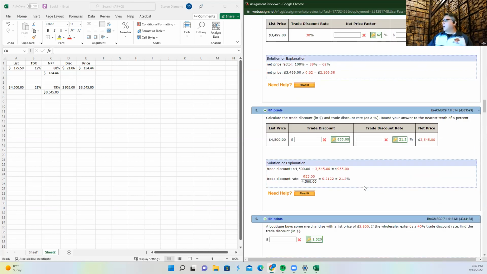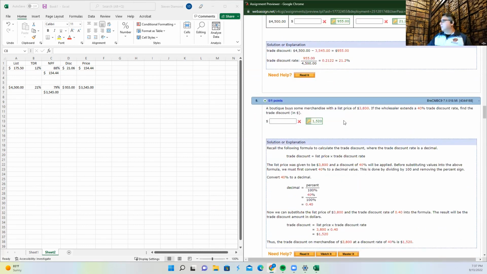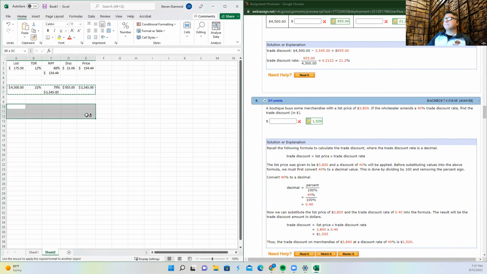So we're going to get more complicated here, though. A boutique buys some merchandise with a list price of $3,800. Once again, I'm going to copy my formatting here so I don't have to worry about it. So the list price of $3,800.